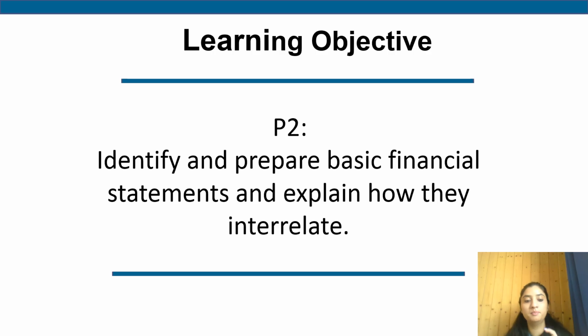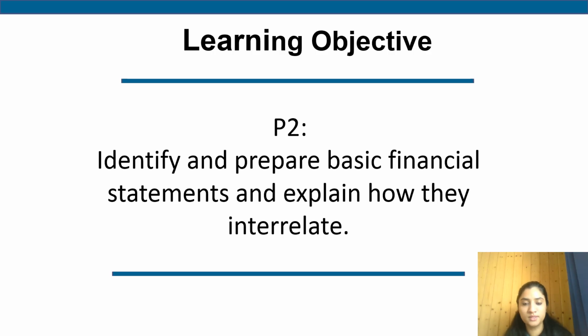So for example, the balance sheet is a statement which provides us a snapshot of a company at a particular point in time. On the other hand, the income statement provides us with information about the revenues and the expenses of the company and what the net income is during the period of time.